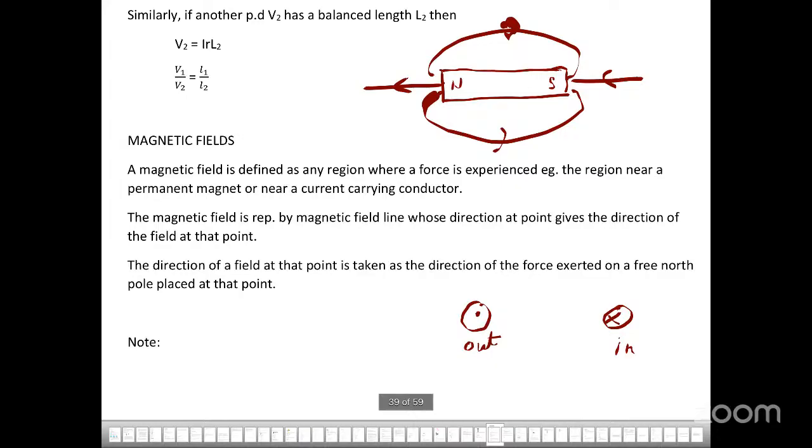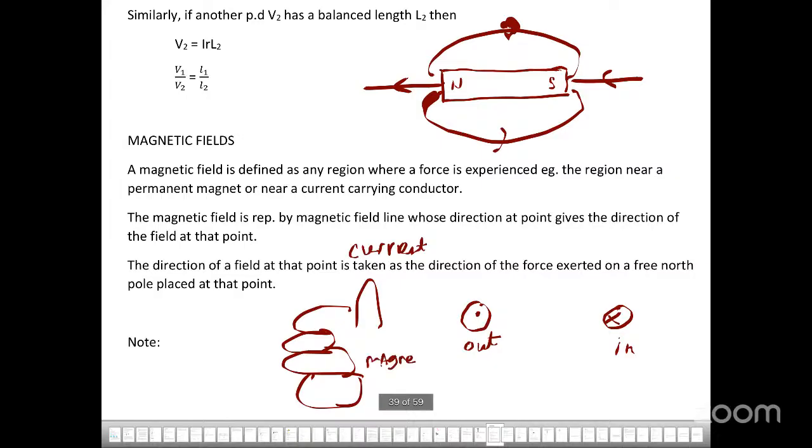So with the right hand grip rule, thumb points towards the direction of the current, and your fingers point towards the direction of the magnetic field. Tell me what direction the magnetic field is around the dot and the X, just tell me clockwise or anti-clockwise.